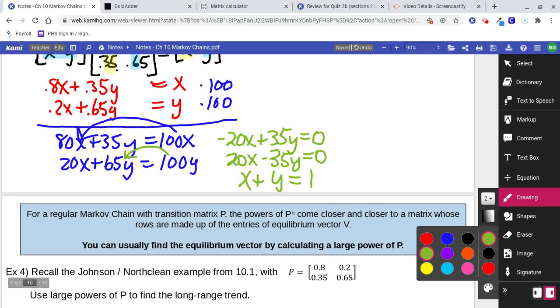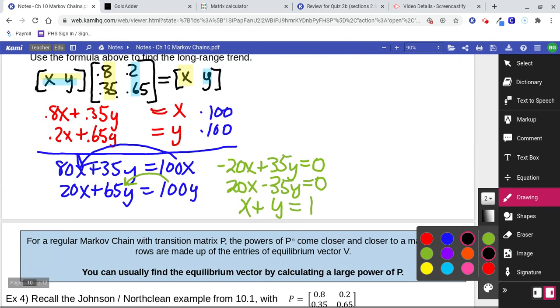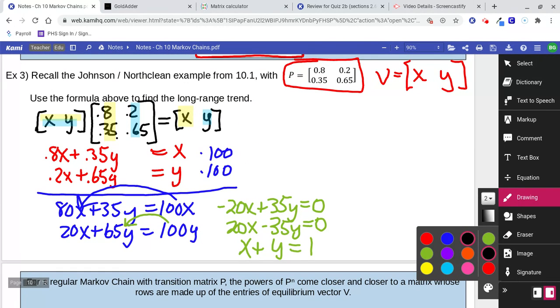So let's just assume we didn't know it was 2, and let's just think about this as 3 equations. So if we got it into an augmented matrix, we'd have negative 20, 35, bar 0, 20, negative 35, bar 0, and x plus y equals 1 would be 1, 1, 1.